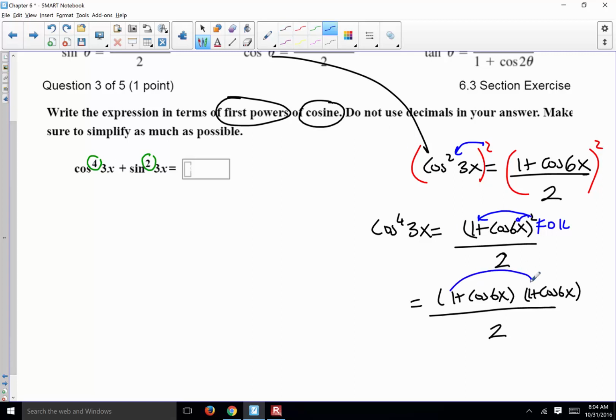How do we FOIL this? First item, second, inside, outside. So first terms is 1, 2 cosine 6x plus cosine square 6x is the answer. By the way, this is 4.